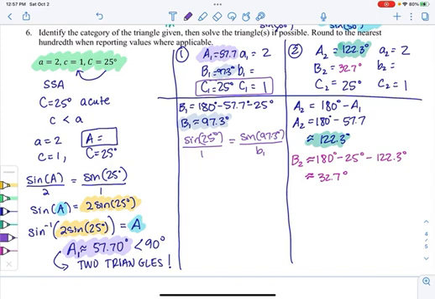And now I just need to solve for b sub 1. So b sub 1 is going to give me sine of 97.3 all over sine of 25 degrees. Okay, and that gives me about 2.4.